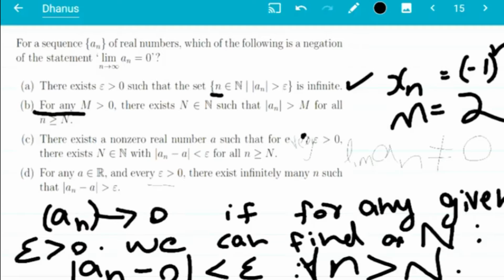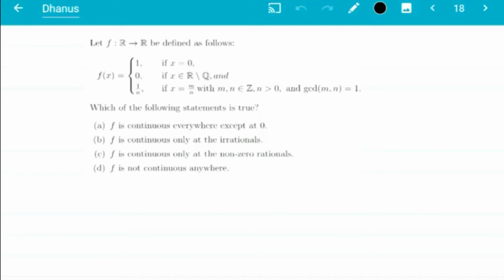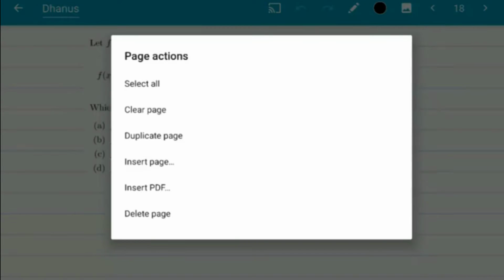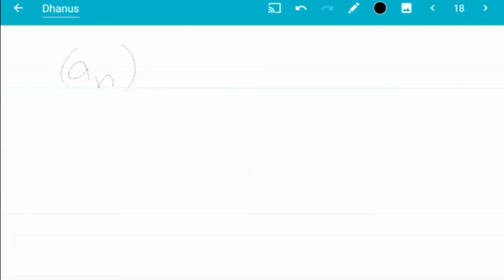And statement D says that the sequence an is not convergent for any a.